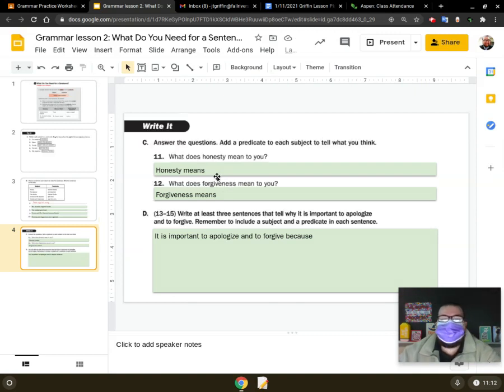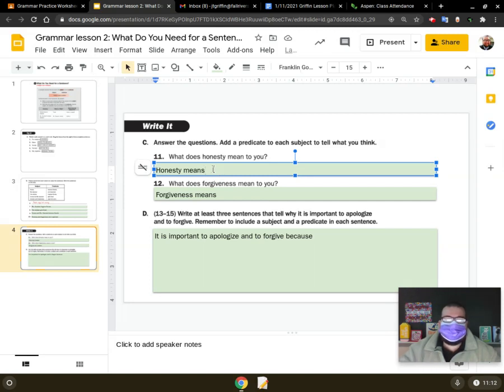So, answer the questions. Add a predicate to each subject to tell what you think. So remember, we're adding on to the sentence, right? The subject is what the sentence is about, and the predicate is what the subject does. So what does honesty mean to you? Honesty means, somebody tell me.